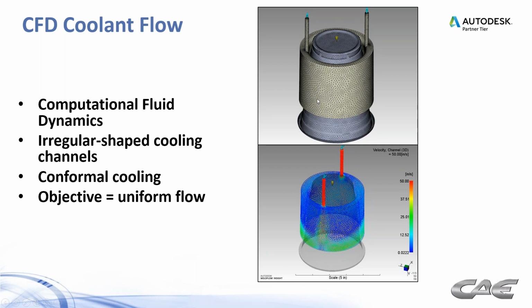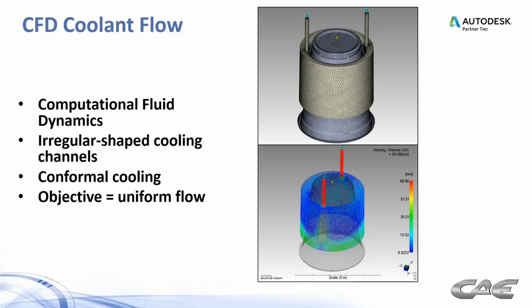We can't really model that properly with beam elements, so we have to model it in full 3D, and it's an irregular shaped channel. This is used a lot in conformal cooling. You have an odd shaped part, and you're trying to conform the cooling channel to the shape of the part.